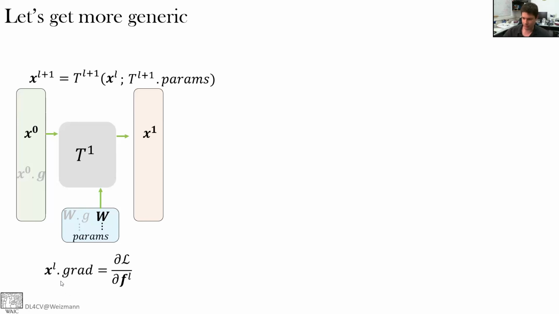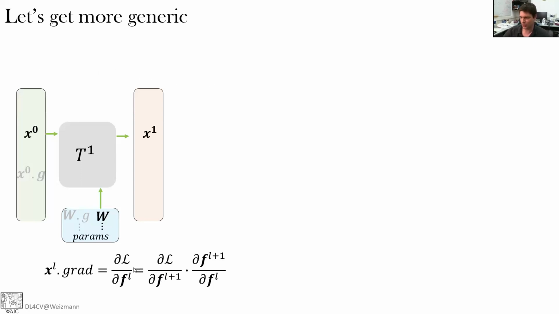And we know that each such gradient is going to be the derivative of the loss with respect to this weight W. Sorry for the F's here, they are supposed to be X. I'm sorry for that.